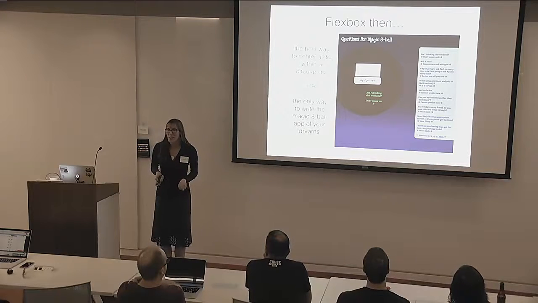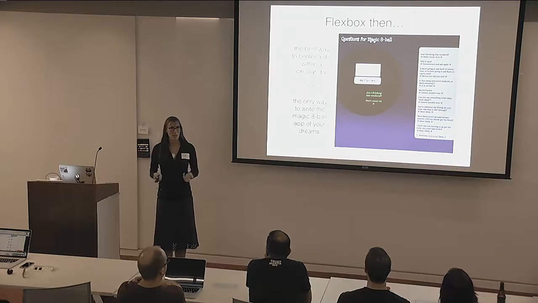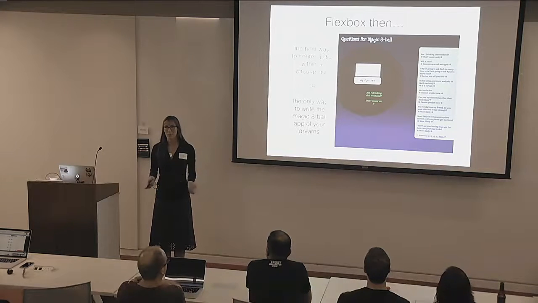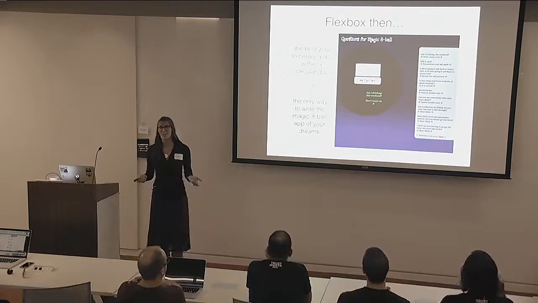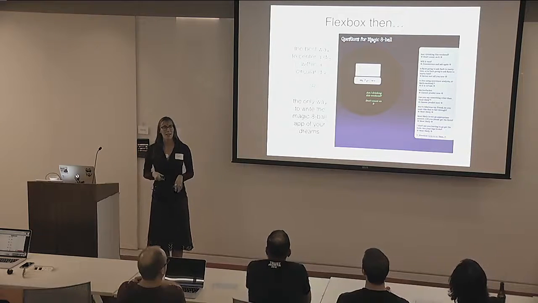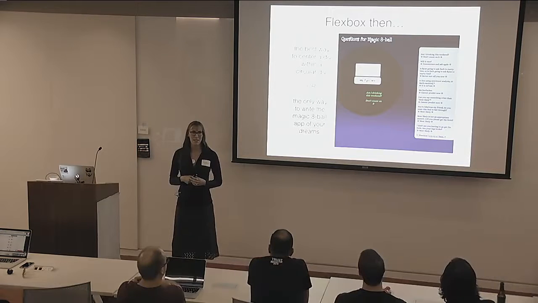So when I first started using Flexbox, I was a teacher doing a web development bootcamp. And this was one of the assignments that we gave our students, because it's really fun to have students write silly apps. This is basically just an app that would give you a form to submit.